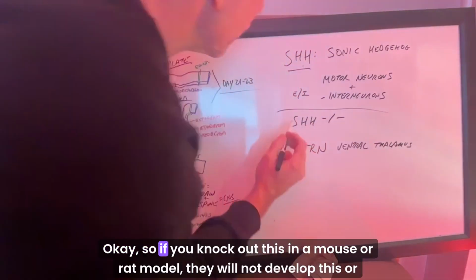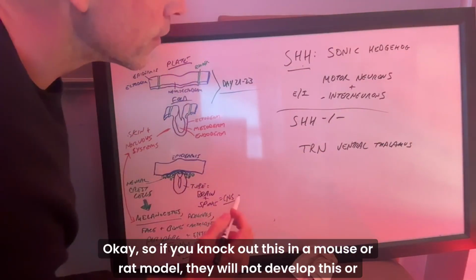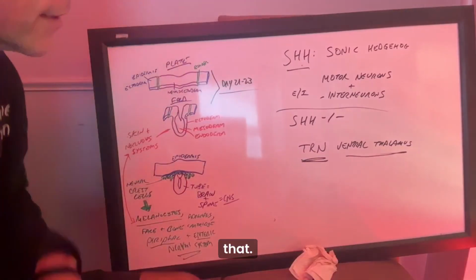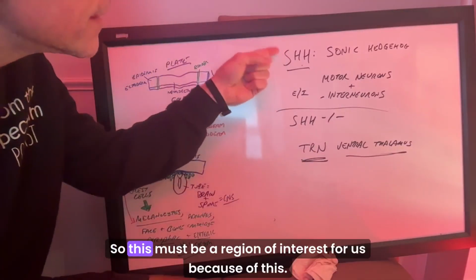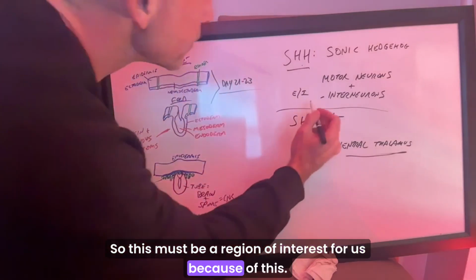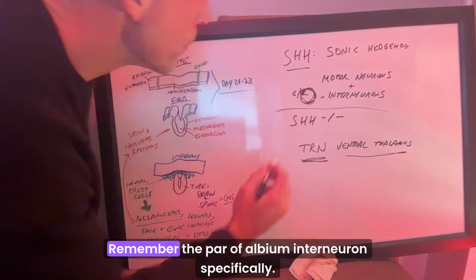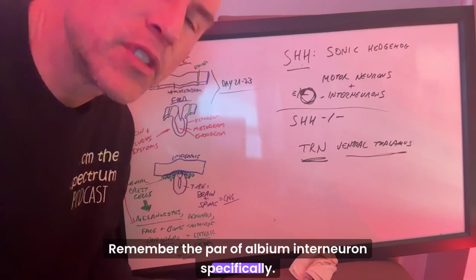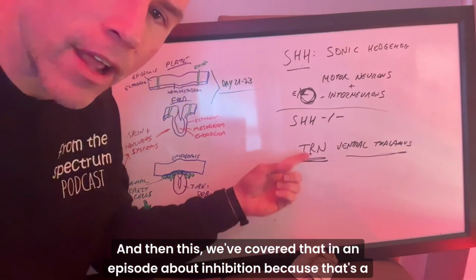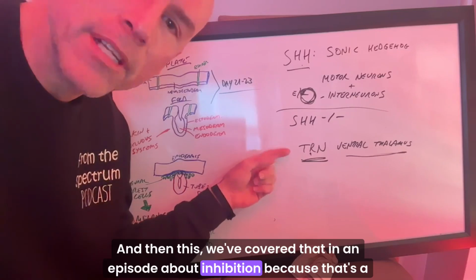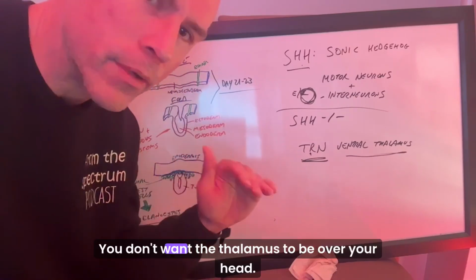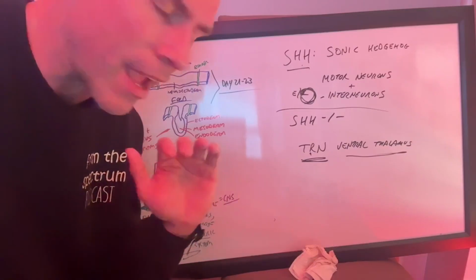So if you knock this out in a mouse or rat model, they will not develop this or that. So this must be a region of interest for us because of this. Remember the parvalbumin interneuron specifically. We've covered that in an episode about inhibition because that's a sensory gate. It protects the thalamus. You don't want the thalamus to be overrun.